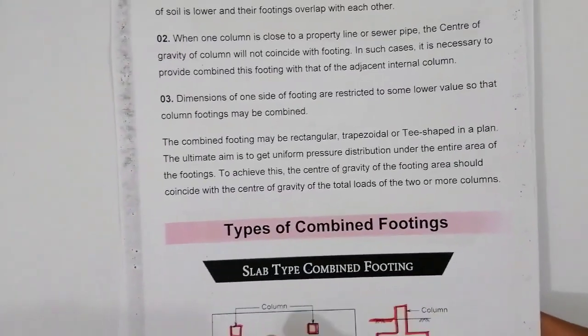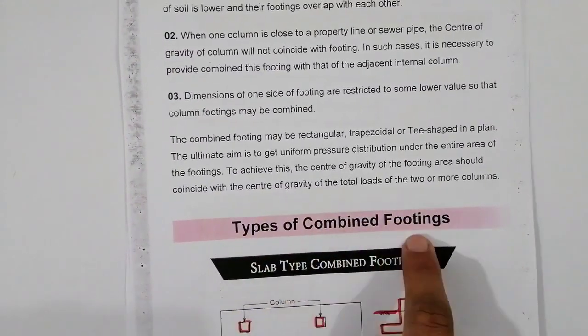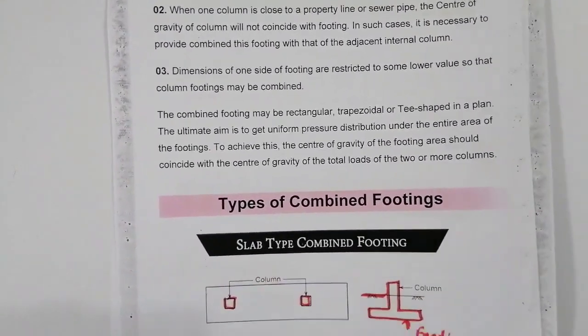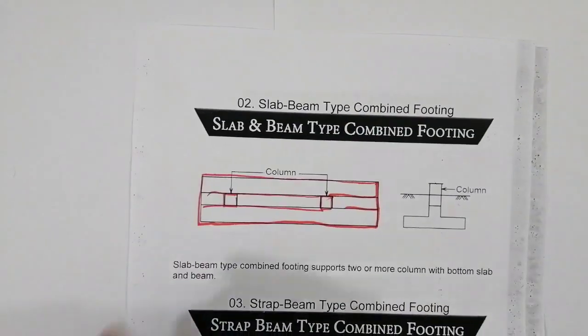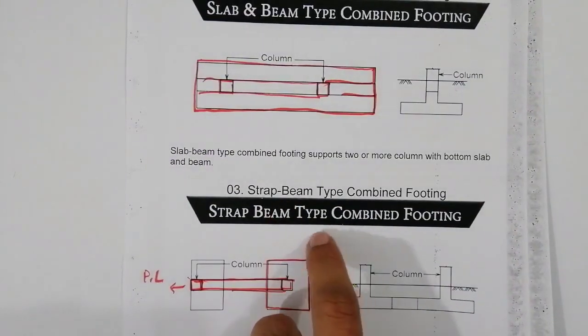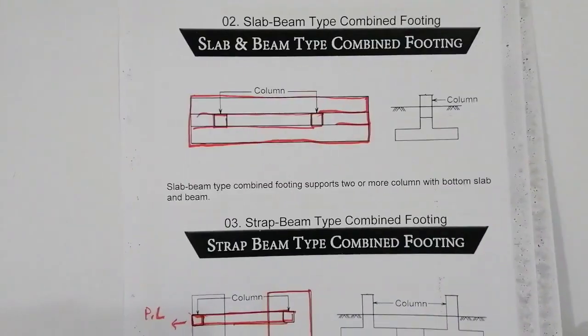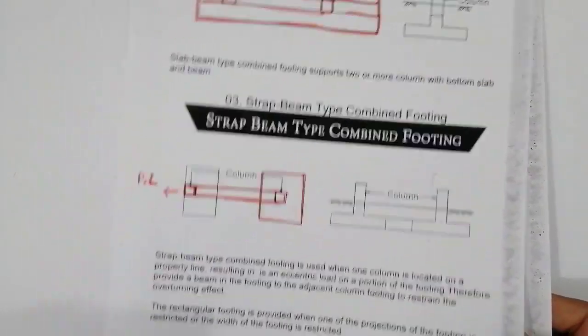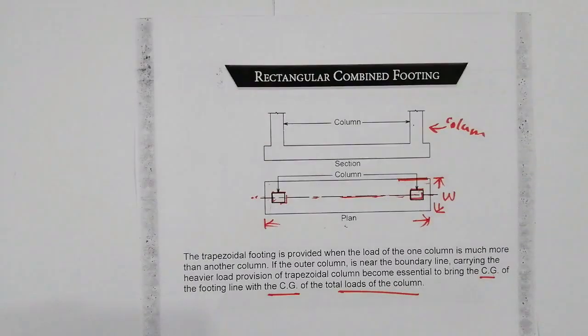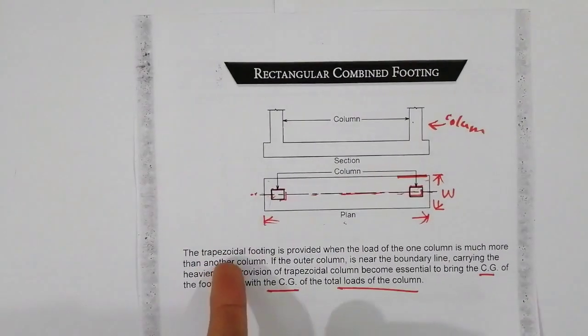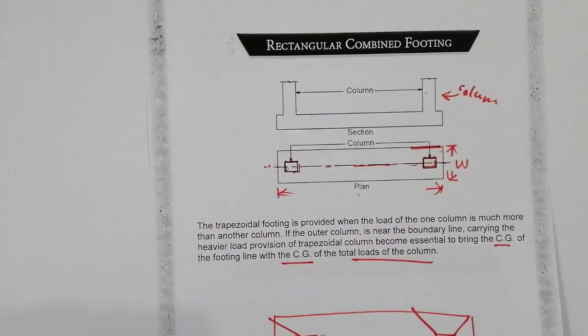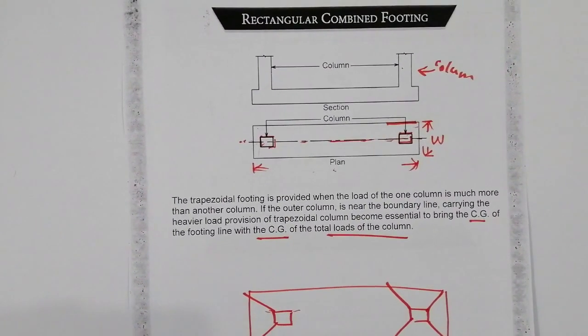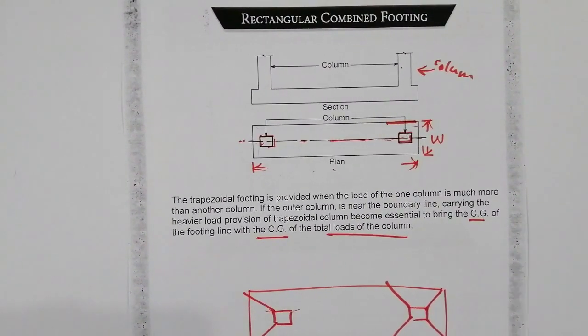The other topic was the types of combined footing: slab type combined footing, the other one is slab and beam type combined footing, the other one is strip beam type combined footing, and the last ones are rectangular footing and trapezoidal footing. So these are some important points in combined footing, and all about its full details.